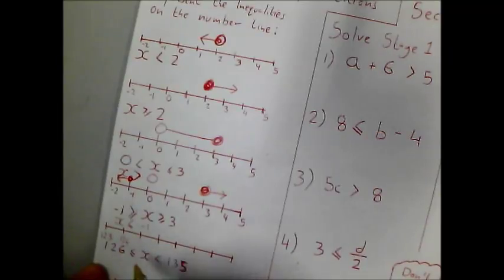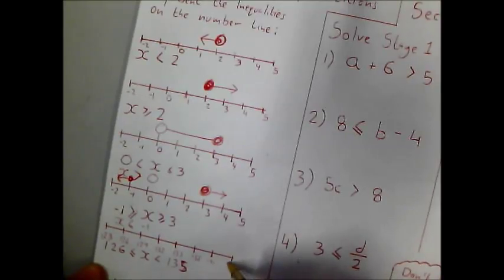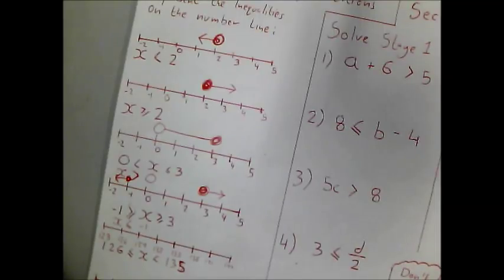So I'm going to have 123, 126, 129, and then 132, 135, 138, 141, and then 144.